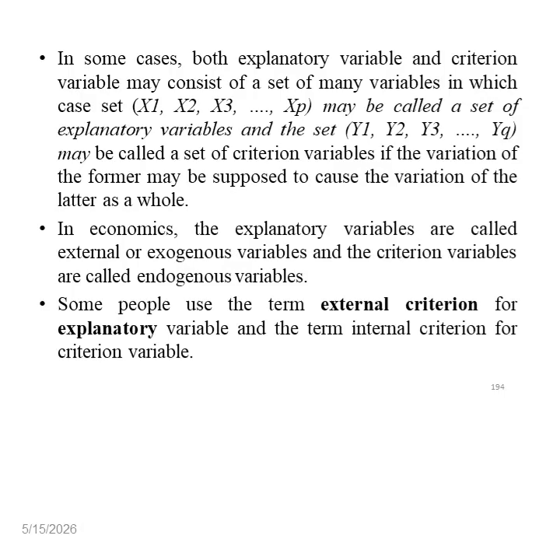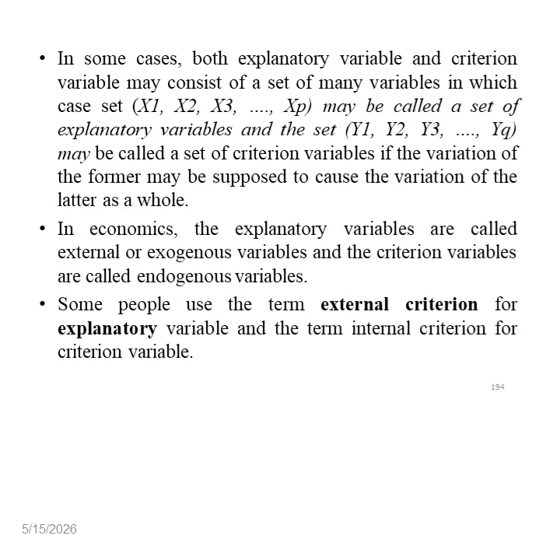In some cases, both explanatory variables or independent variables and criterion variables may consist of a set of many variables. The set of causes x1, x2, x3 up to xp may be called a set of explanatory variables, that is independent variables.